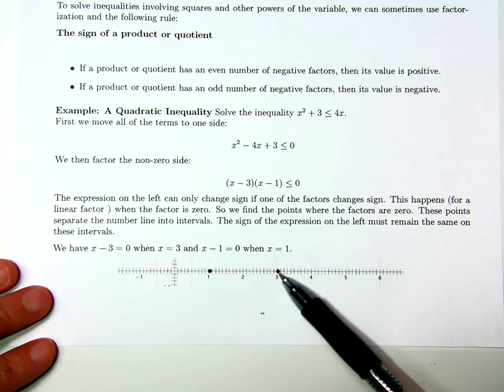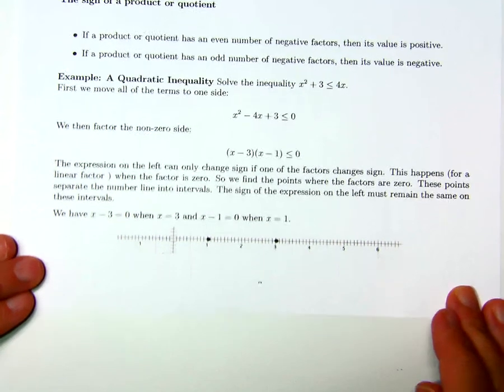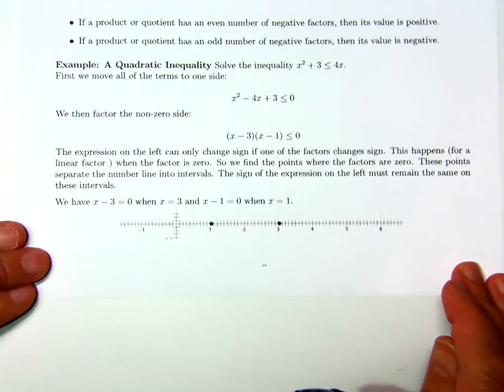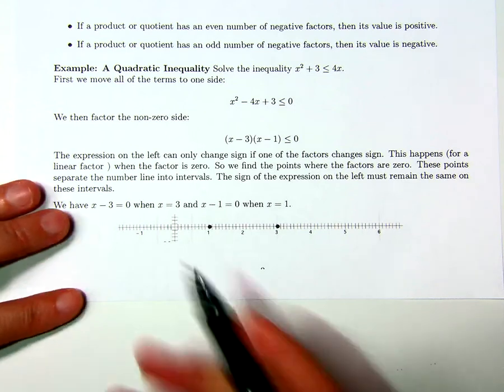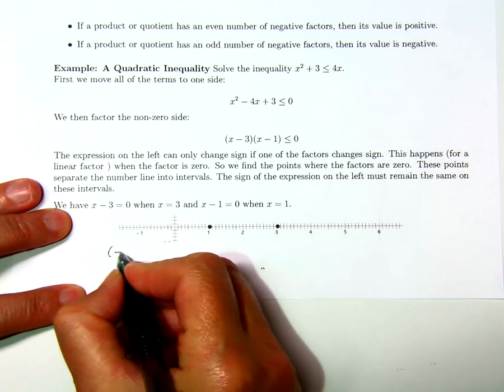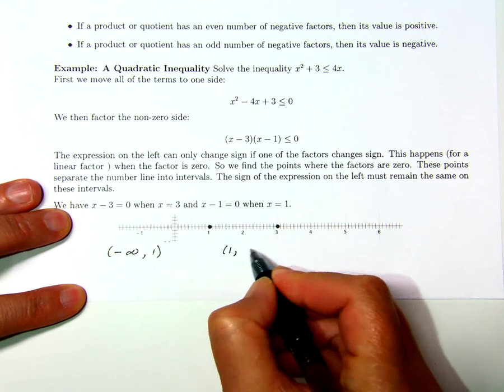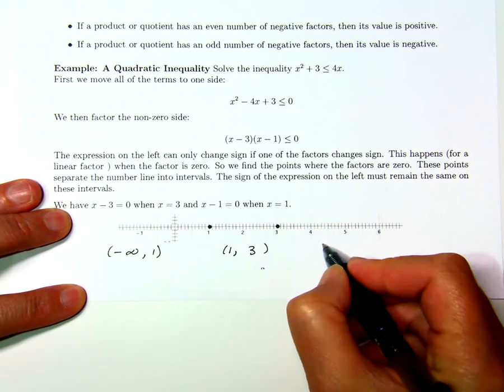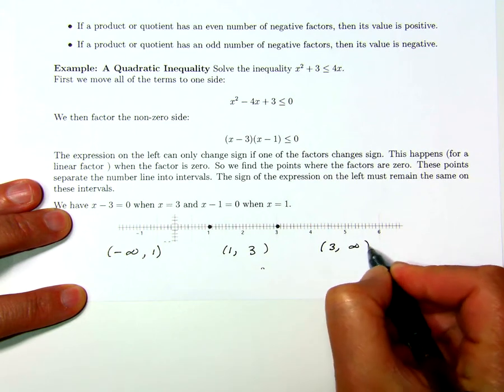Now this breaks our number line up into 3 subintervals. The first subinterval is from negative infinity to 1. The second subinterval is from 1 to 3, and the third subinterval is from 3 to infinity.